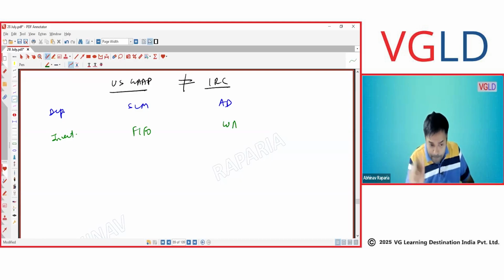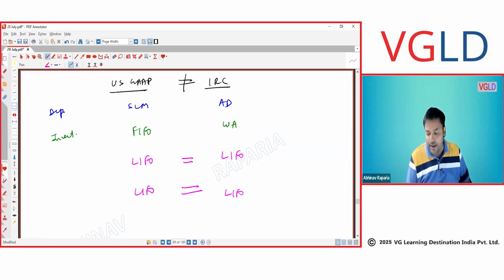Possible. But if you are following LIFO here, you have to follow LIFO there. Same way, if you want to follow LIFO there, you have to follow it here. That means LIFO, whenever you follow it under US GAAP and the IRC, has to be the same. Is that okay?